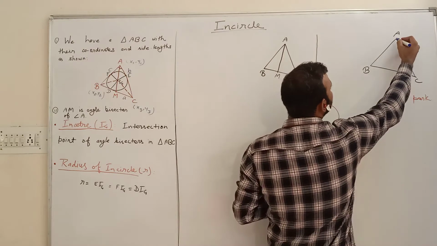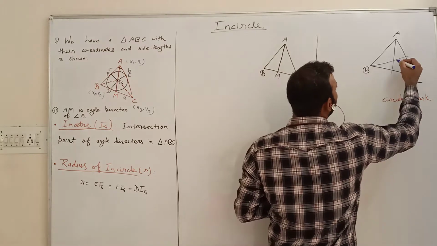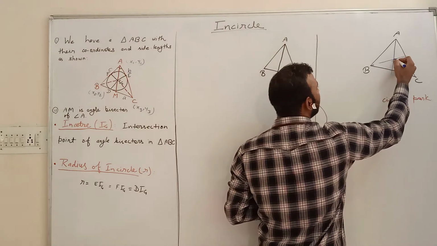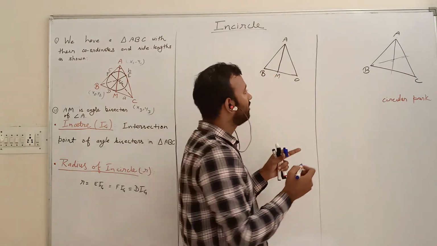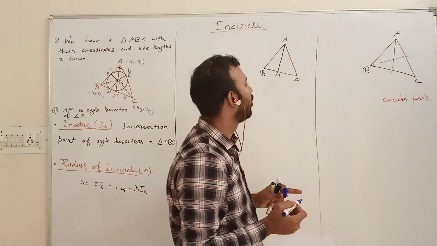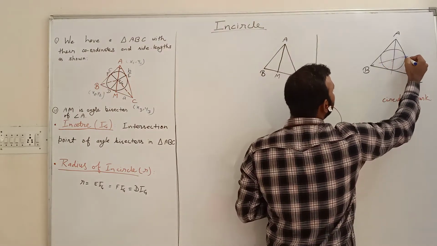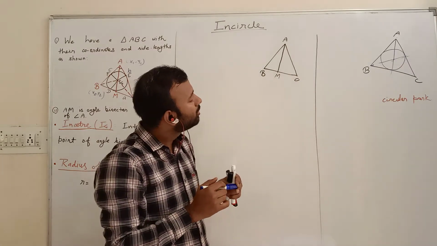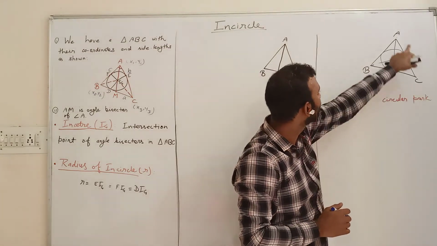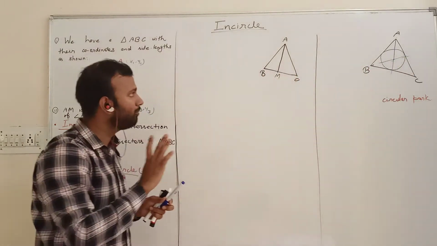What they will do is they will decide on angle bisectors, let's say this and this, and if they get a point here, and as AB, BC and CA are the paths joining the colonies, if you draw a circle in such a way that it touches the paths also, it will be helpful to get an incircle touching the paths also, and the distance from the path to the center is the same everywhere.